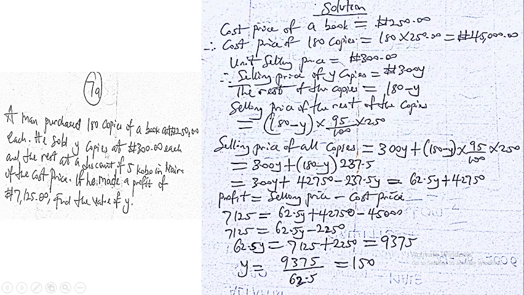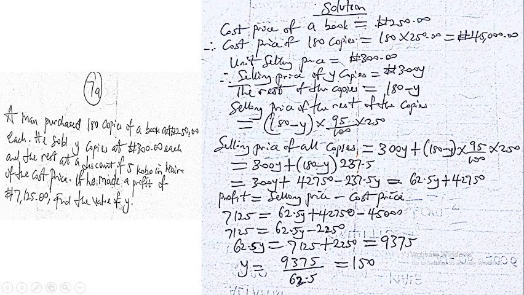He sold y copies at 300 naira each, and the rest at a discount of 5 kobo in naira of the cost price. If he made a profit of 7,125 naira, find the value of x.